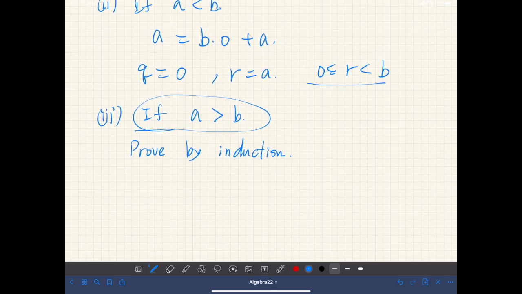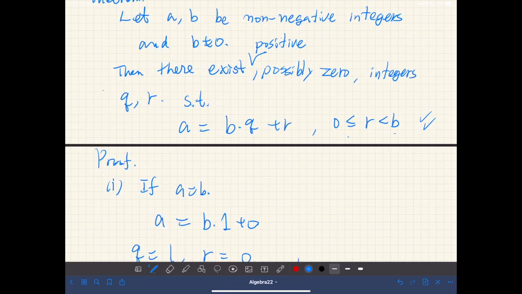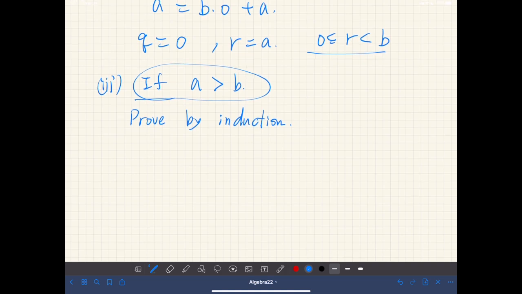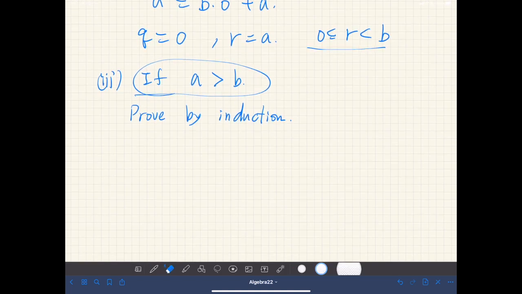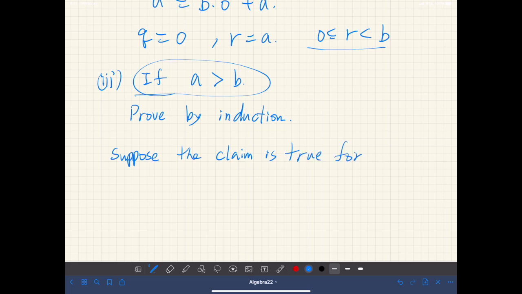Now, suppose the claim is true for all values of a prime from 1 up to a minus 1.